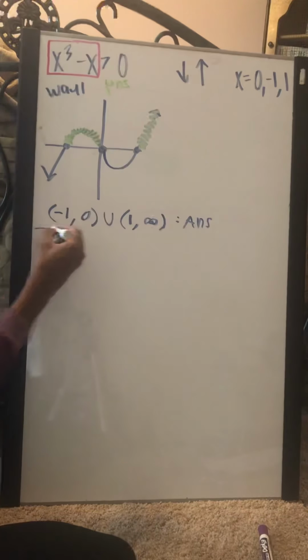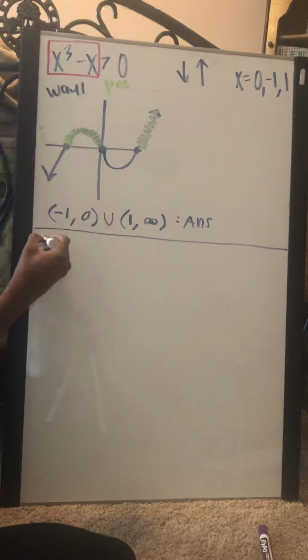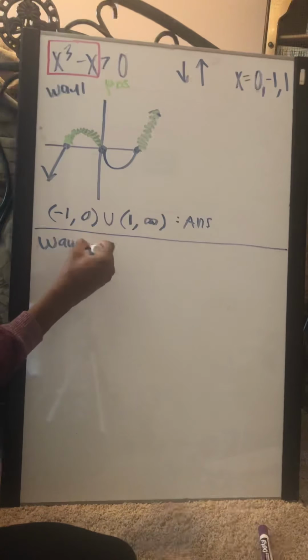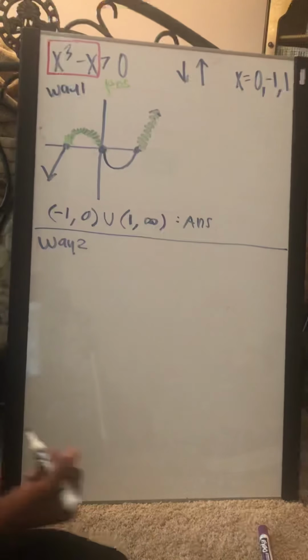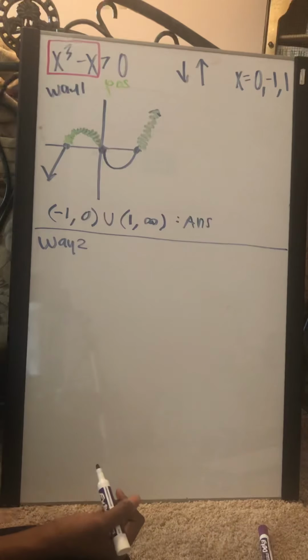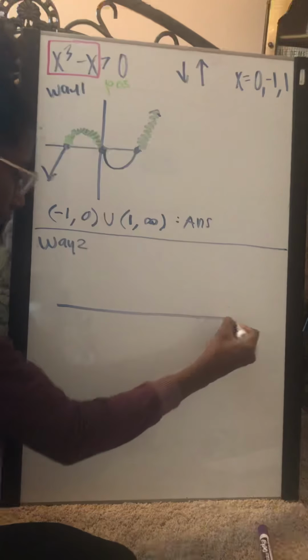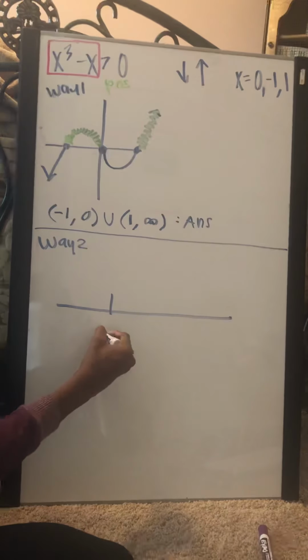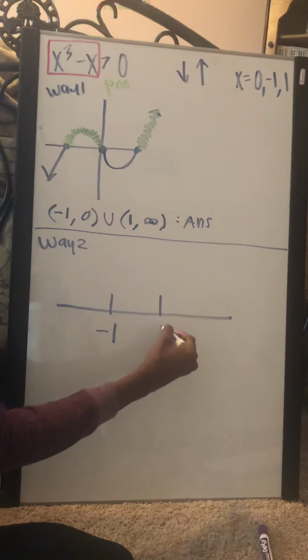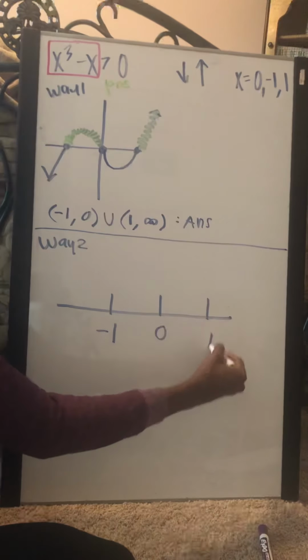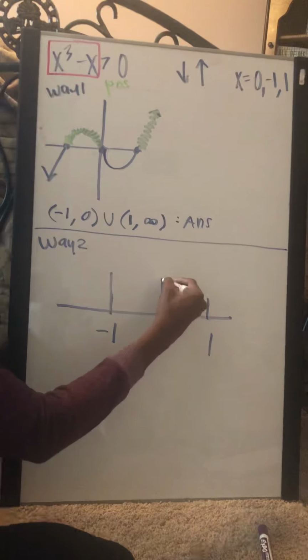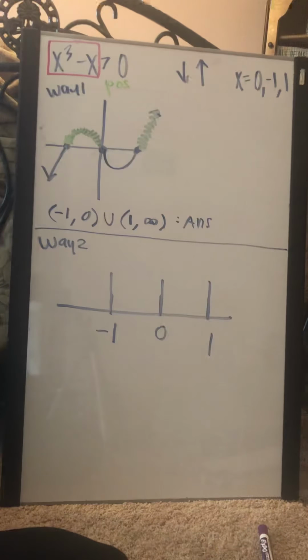So if you do not like that way, feel free to use the second way, which again, you will have to use when you're working with fractions. But for the second way, we write it on a number line. We have our critical values, -1, 0, and 1. And we pick numbers in between each of those intervals.